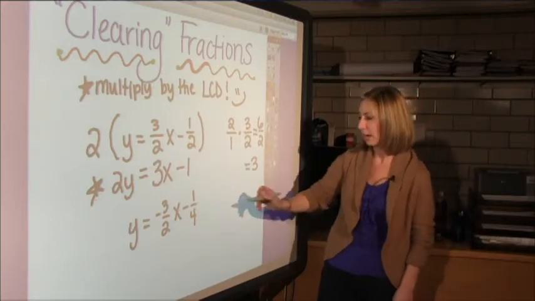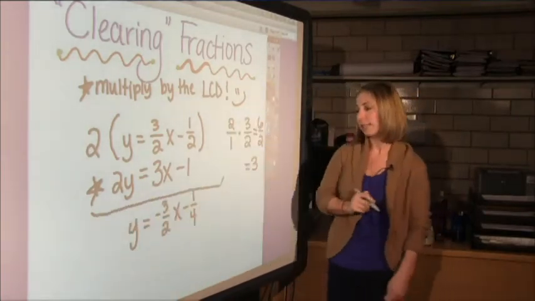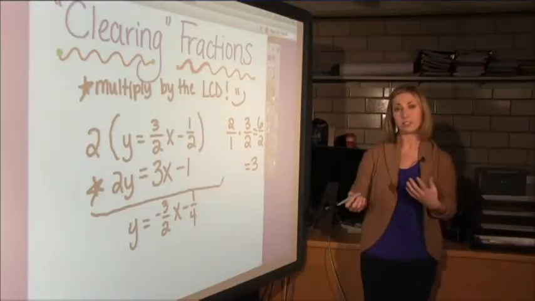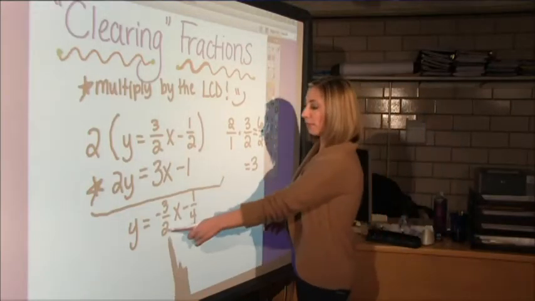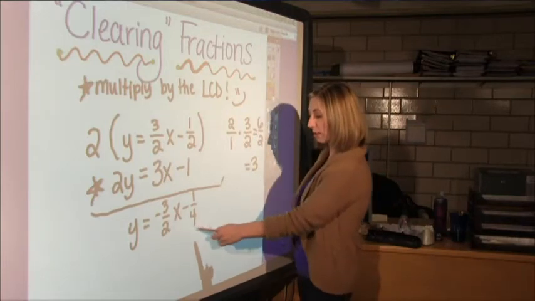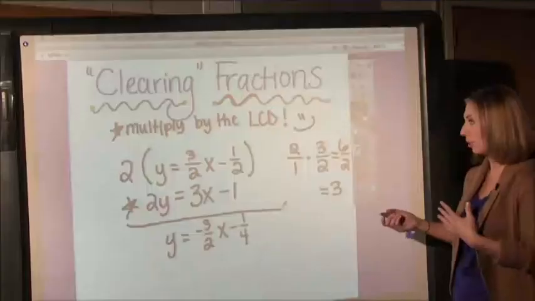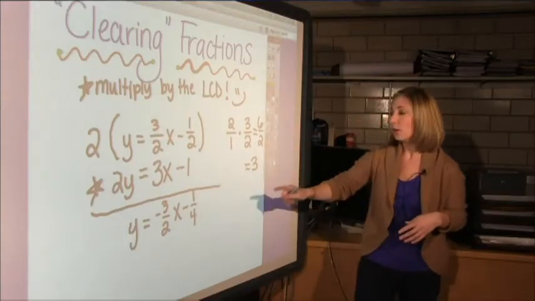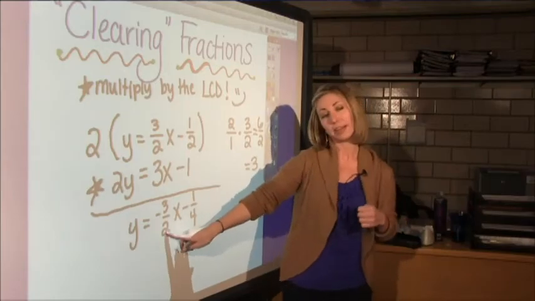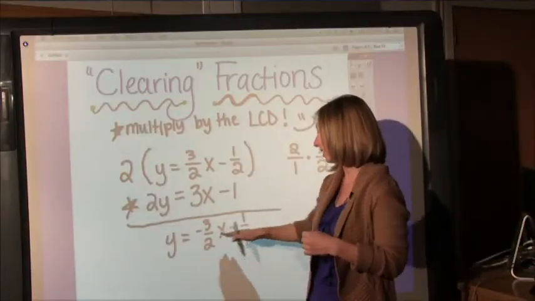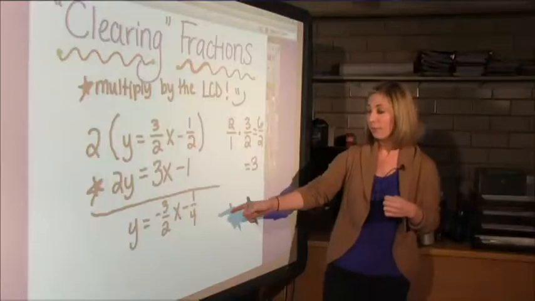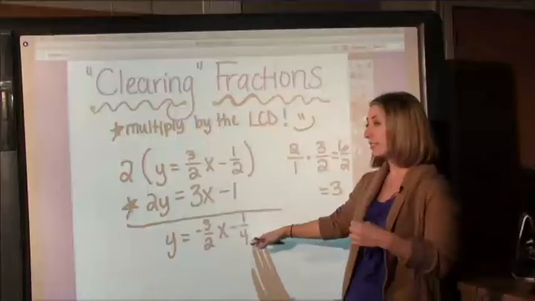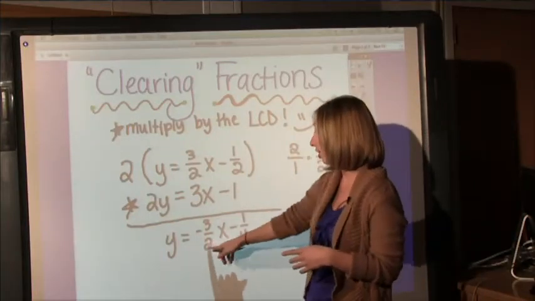Another example is if we have denominators that are not the same, with 2 different fractions in our problem. Here we have 2 as a denominator and 4 as a denominator. So what do I multiply by, 2 or 4? You want to use the least common denominator. If you were to add these 2 fractions together, you'd have to change your denominators to the least common denominator, which is going to be 4. It needs to be a number that both your denominators can go into.